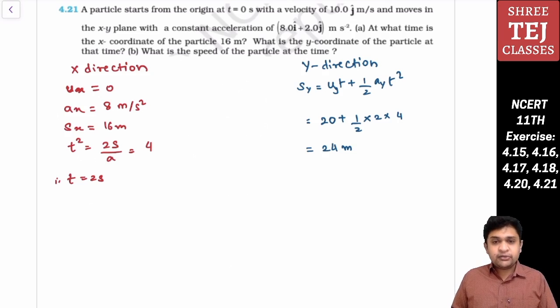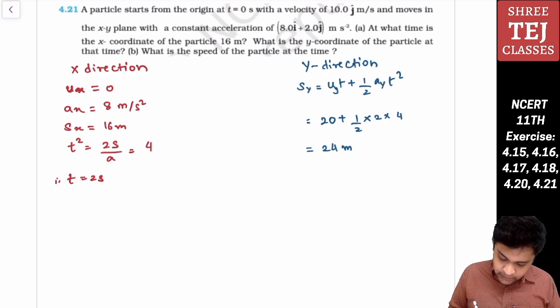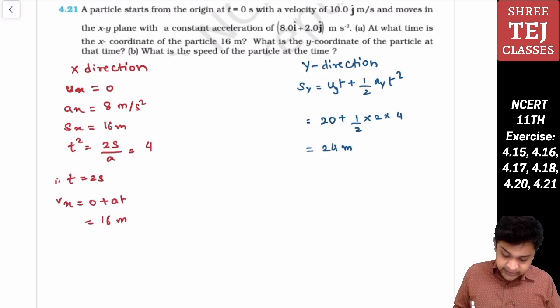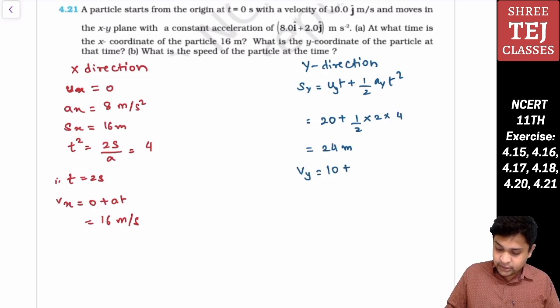We have to find speed of the particle at this particular time. We will find x component of the speed, y component of the speed, and then calculate its magnitude. So vx will be 0 plus 8 into 2, so this will be 16 meter per second, and vy will be u is 10 plus acceleration is 2, time is 2. So this will be 14 meter per second.